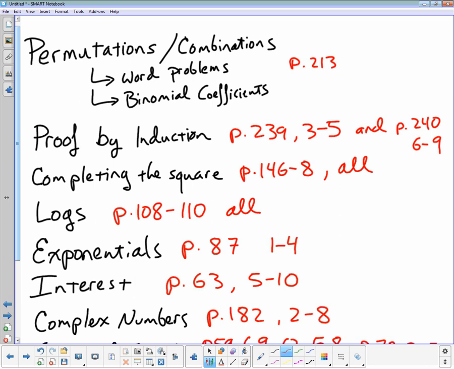Oh, strike that. Sorry. That's when the chapter begins. I need to find a page for the binomial coefficients. I'll hopefully come up with that by the end of the block because I lost the page, and I'll come back to it. All right.